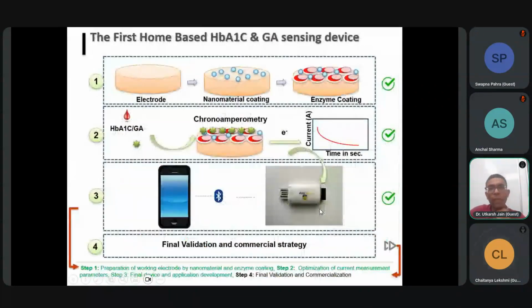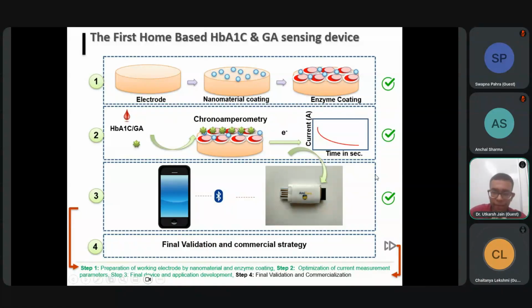Another work we have done with the electrode surface is an enzyme-based biosensor for HbA1c and glycated albumin, and both were with chronoamperometry. Chronoamperometry is an electrochemical process where we use the current as a measurement in a particular sensing device.